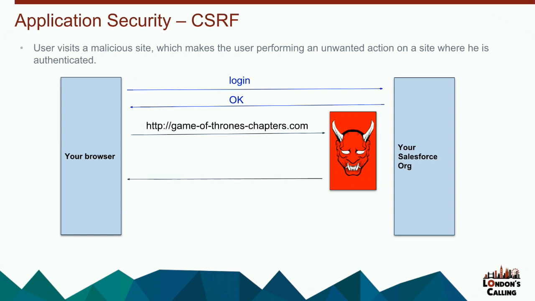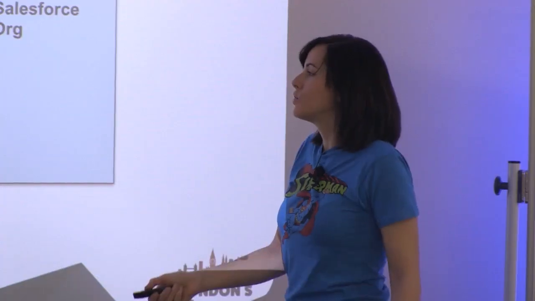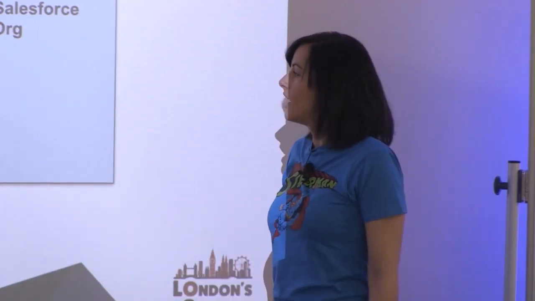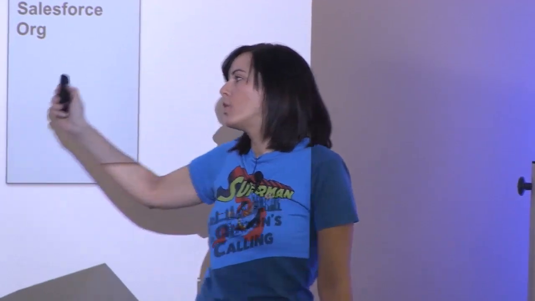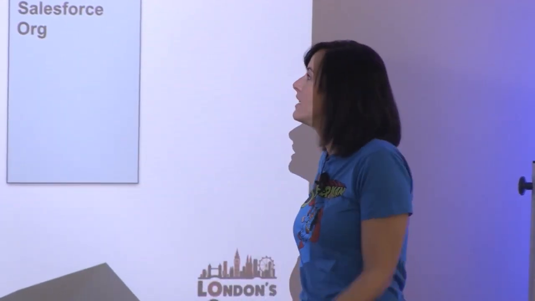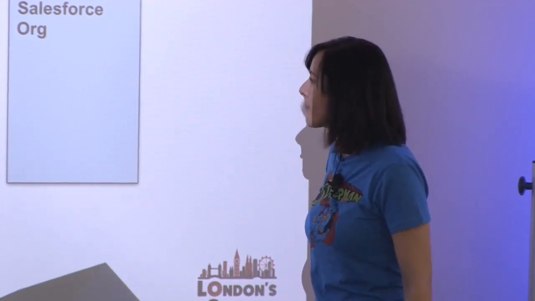If the malicious website knows exactly which URL or which request your browser needs to make to perform something weird in your Salesforce organization, for example deleting all the accounts, it can force your browser to execute that request, and then in this case all your accounts will be deleted from your Salesforce org without you knowing it.